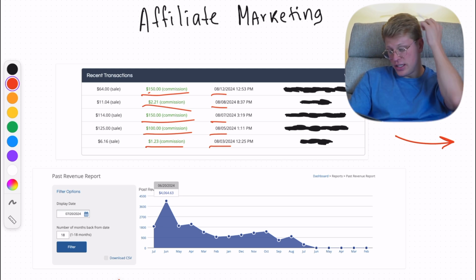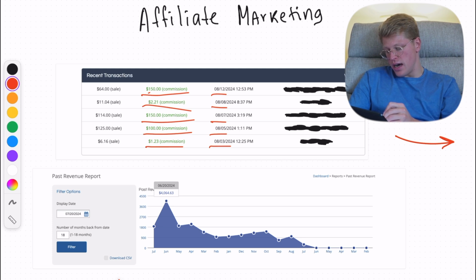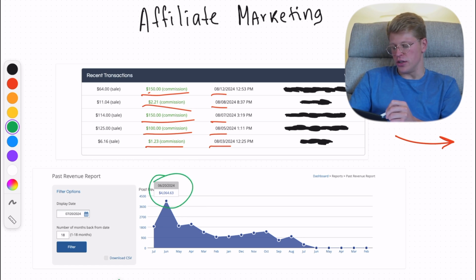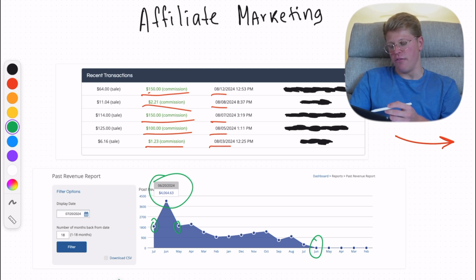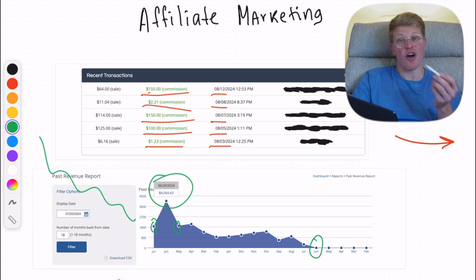So yeah, and as you can see on this particular one, I made $4,000 in June, okay? Now it dropped a little bit to 1.8. Before that was 1.8 as well, but you can see that I started in about June of last year. So in 1 year, I got affiliate marketing to about, maybe let's say, $2,000-$3,000 on average with a high of 4,000. But my goal is, of course, to grow it.